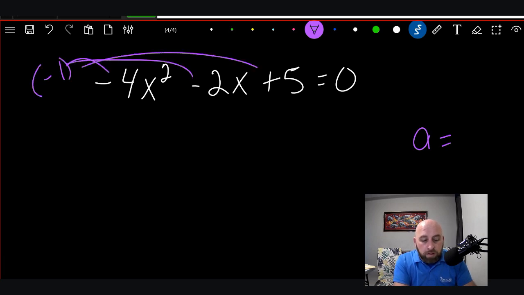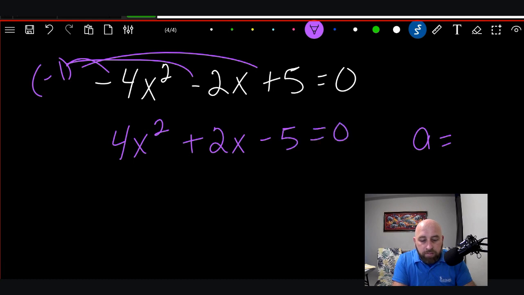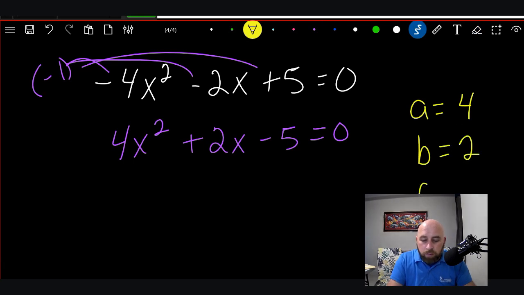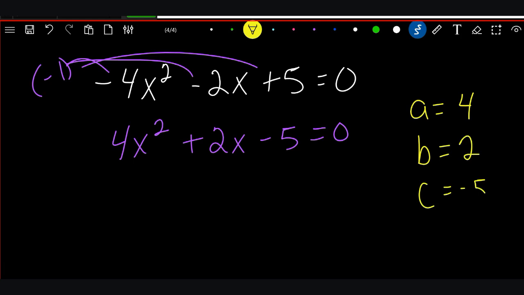So we're going to have a positive 4x squared plus 2x minus 5 equals 0. All right. So what's our A? Our A is 4. What's our B? Our B is 2. And what's our C? Our C is -5.